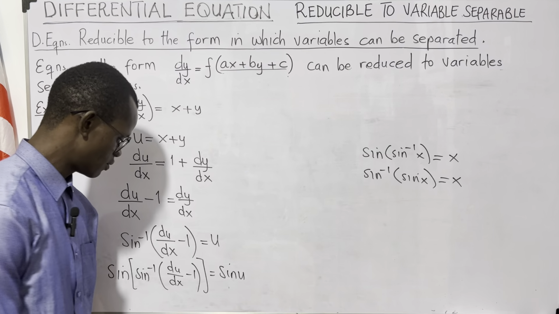So sine inverse of du over dx minus 1 is just equal to du over dx minus 1, and on the right-hand side is just sine of u.